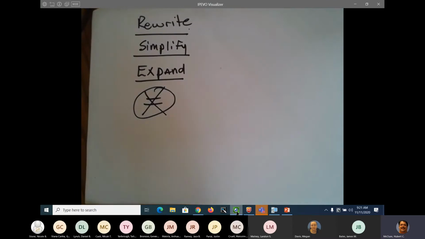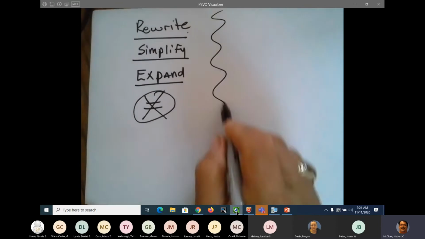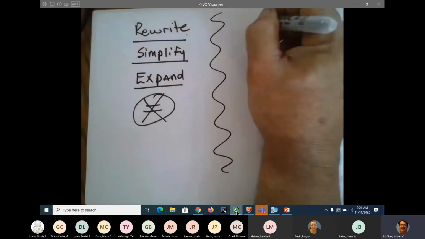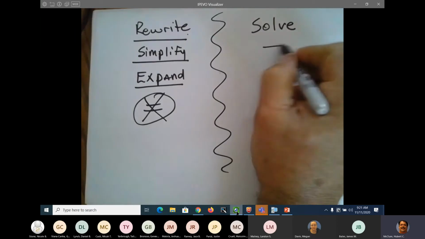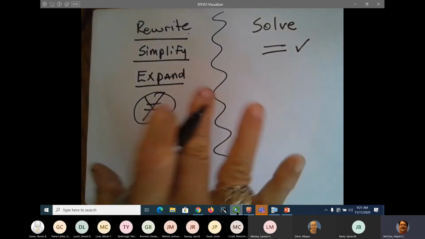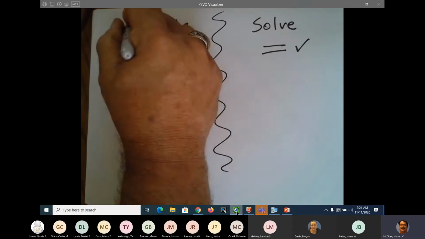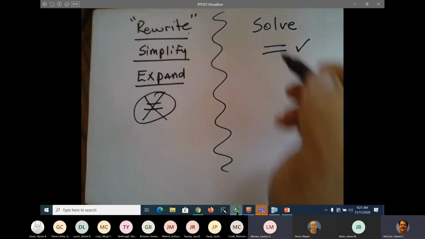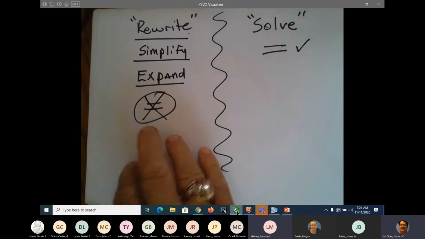Okay, and I think in 6.6 or wherever, one of the last couple of sections, we're not going to rewrite, we're going to solve. And that's when we solve equations, and you will have an equal sign. So again, I just want to reiterate that these properties are used not only to rewrite, but they're also used to solve. Okay.